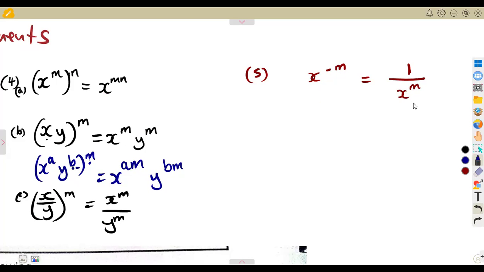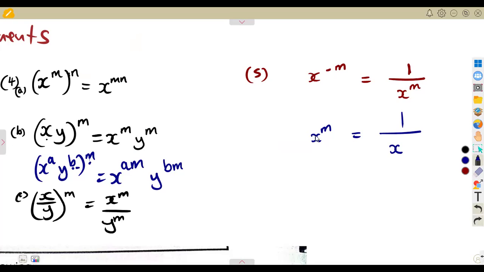So it means if I'm given something like this, I can also have it as a reverse. Or if I am given it as a positive x to the exponent of m, I can write it this side as 1 over x to this one. It was a negative. Here it is a positive. So if this is a positive, this is going to be a negative.